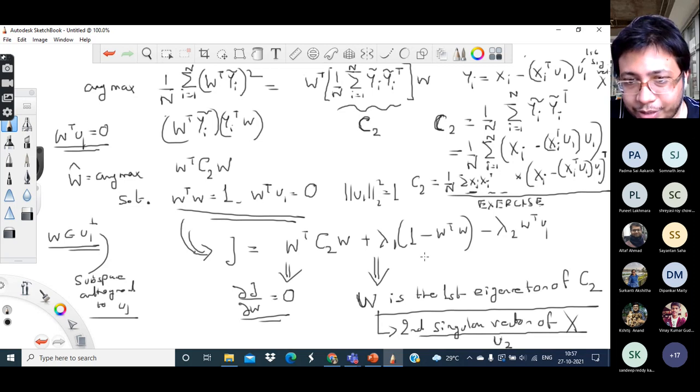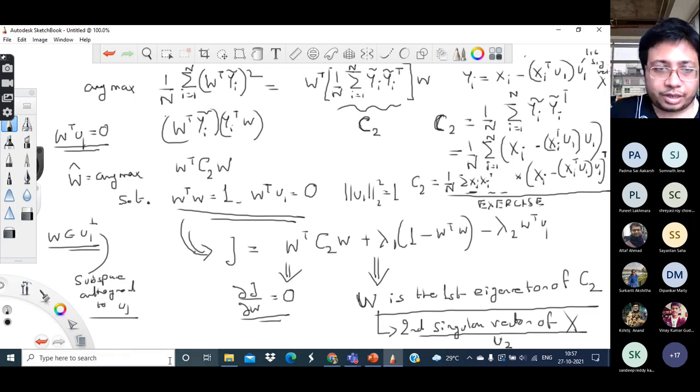But you can convince yourself that u2 satisfies all the constraints: it has to be unitary, and the second singular vector of x is unitary, which we already know. It has to be perpendicular to u1, which we also know, because different singular vectors are orthogonal to each other, right?